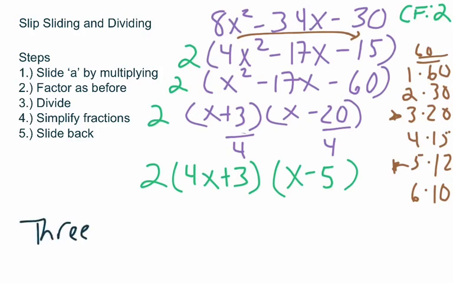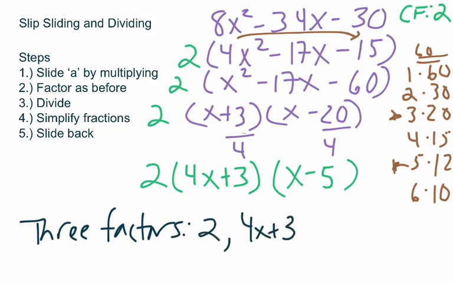They are a 2, a 4x plus 3, and the x minus 5. And it's kind of weird to think of those as being factors, but I do want to keep saying that. Factors are things that are multiplied together, and there's our multiplication. The fact that some of those factors are kind of ugly, that bears no mind.